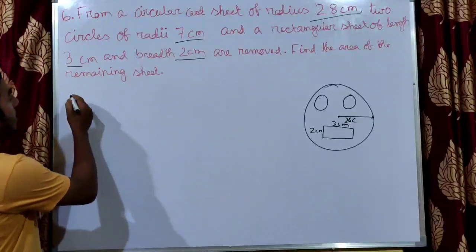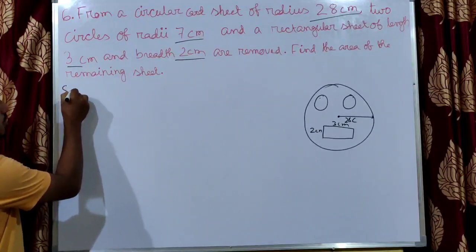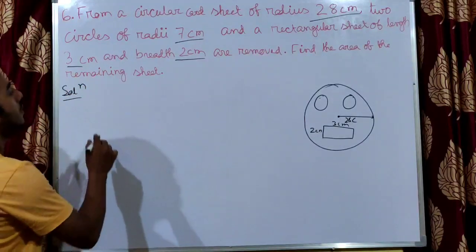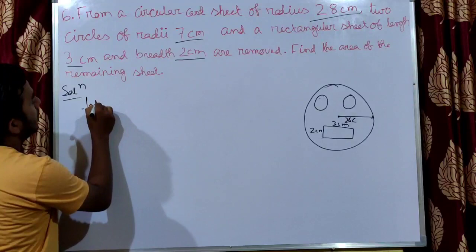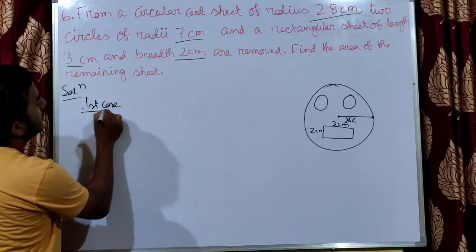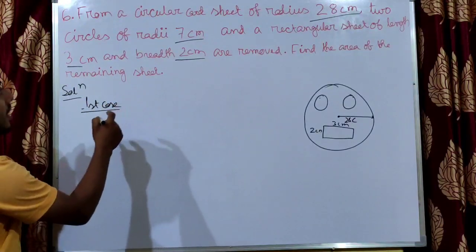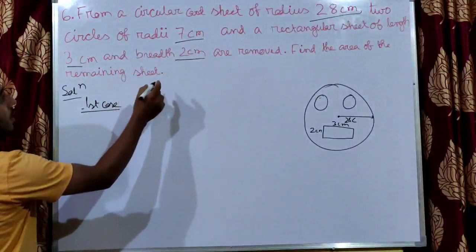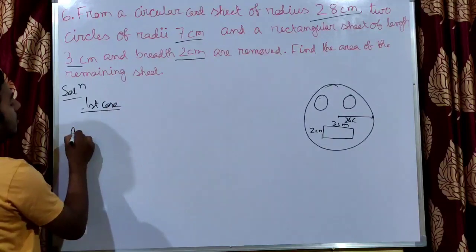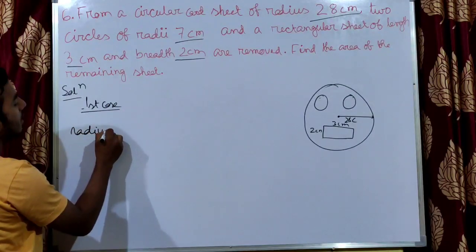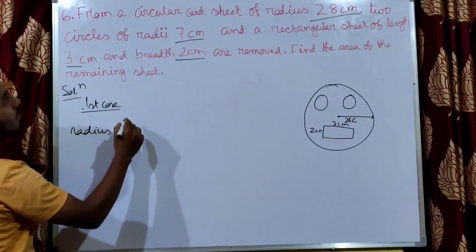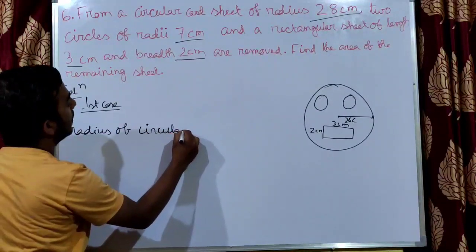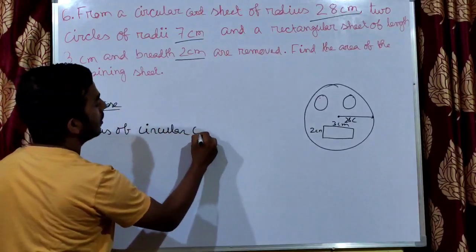So let's start. Here we will write solution. First case, area of the circular card. Given radius of the circular card.